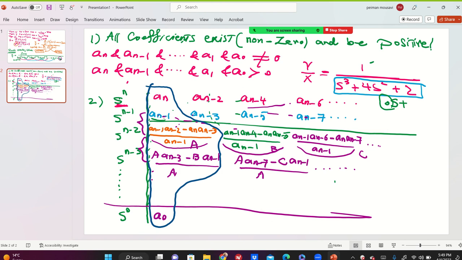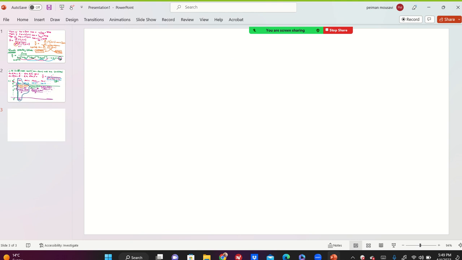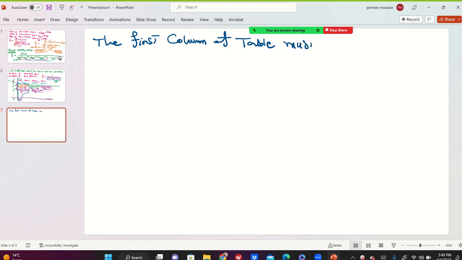So, the second condition that your system is stable: the first column of the table must exist, meaning non-zero, and be positive.